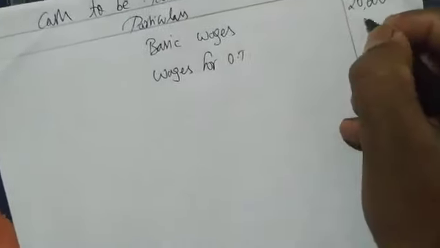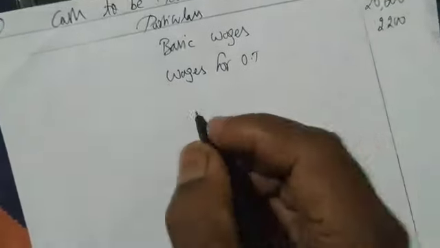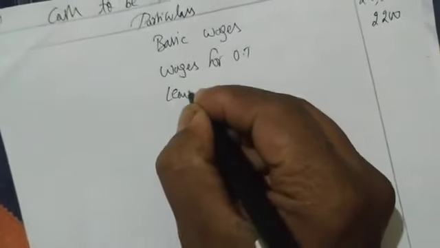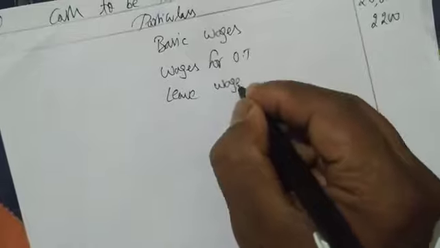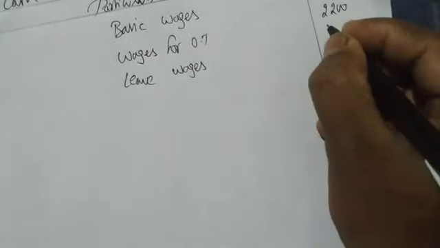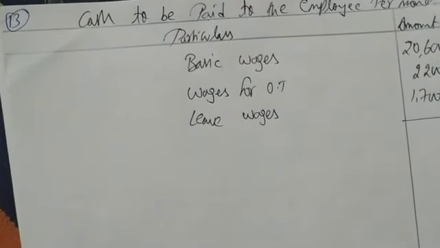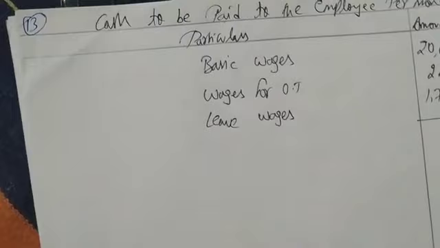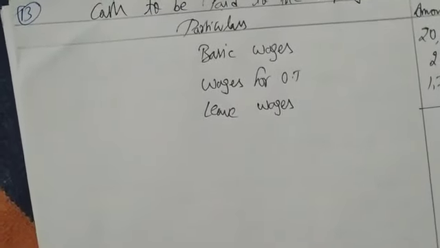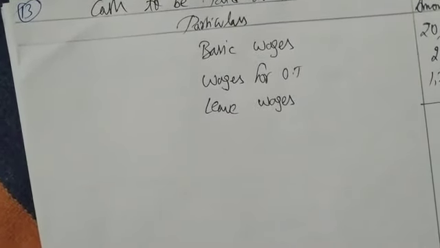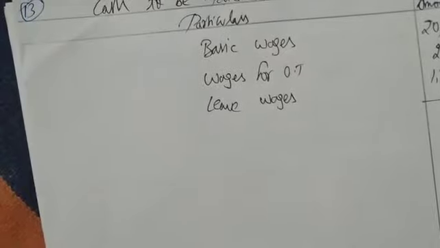How much? 2,200. Next he is receiving leave wages. How much? 1,700. We add 20,600 plus 2,200 plus 1,700. 24,500, we are getting gross wages.